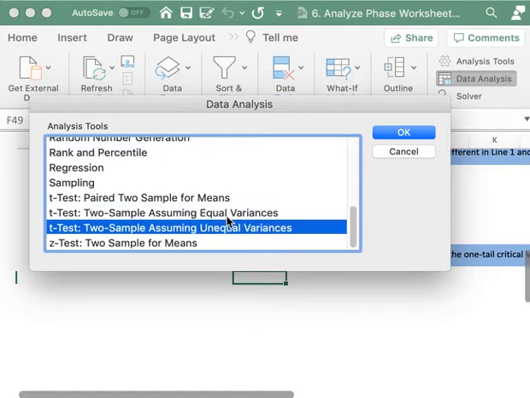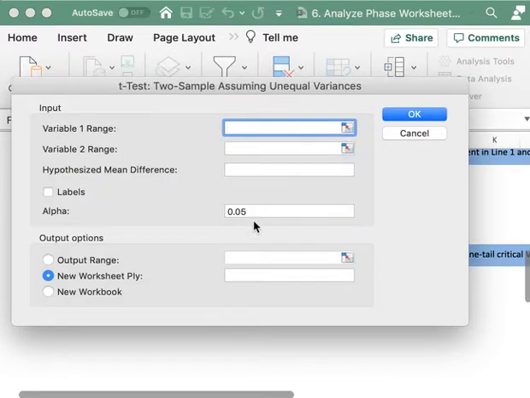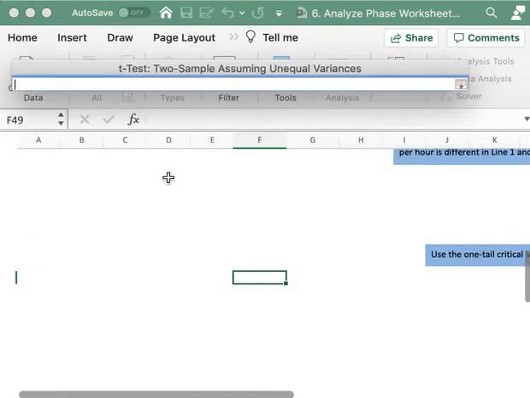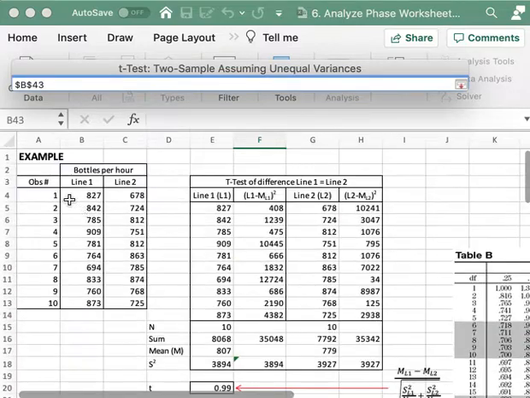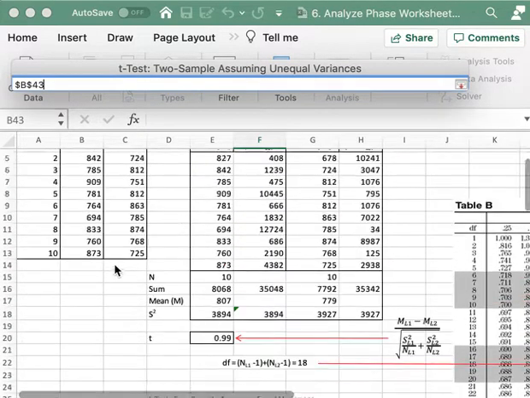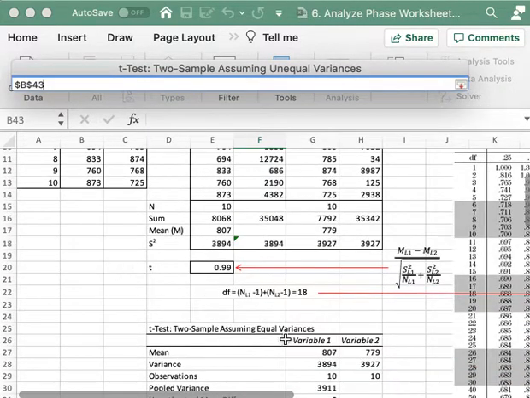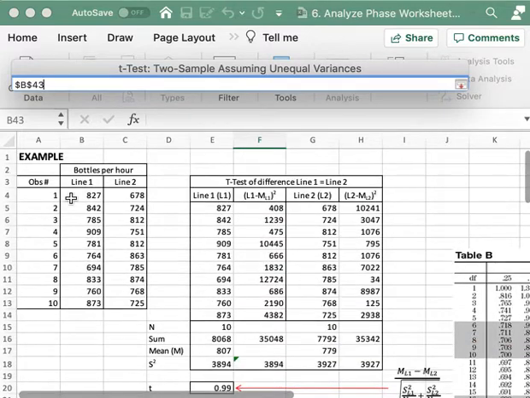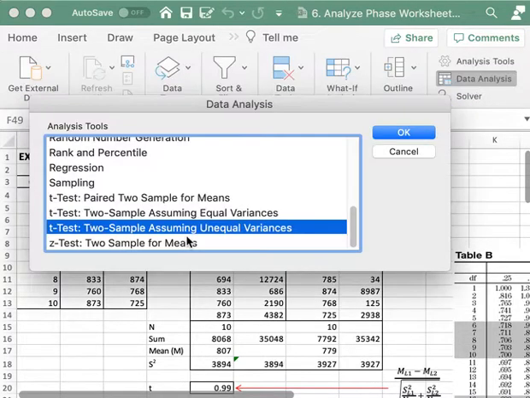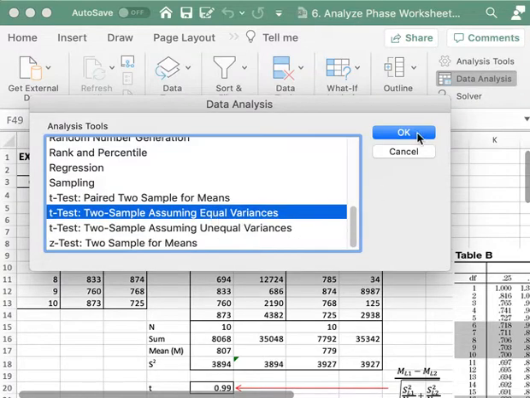So if I don't know the variance, I can use this one, which is the most robust one, assuming unequal variances. And then I have to capture range 1, so we have to select the data here. I did the example assuming equal variances, right? So you can do one or the other one. It depends on what the problem is telling you to do. So let's do the same one as the example, assuming equal variances.